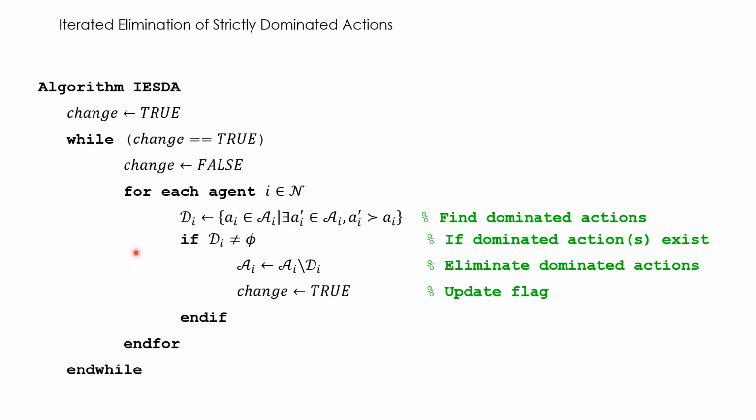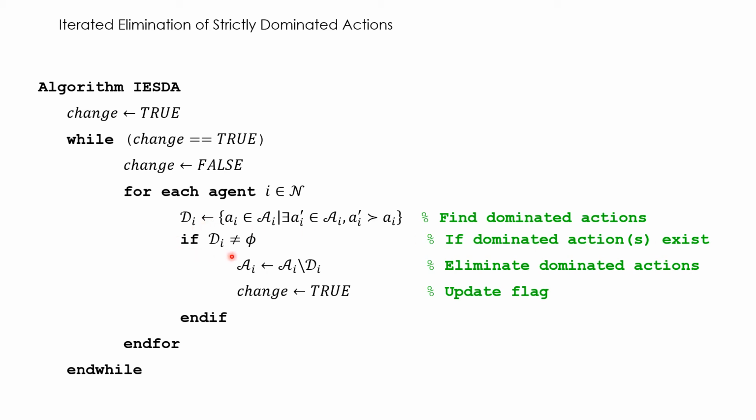The inner for loop is repeated for each agent i. First, each action a sub i is tested to see if it is strictly dominated by any other action a prime sub i. The set D sub i is the set of all such strictly dominated actions.